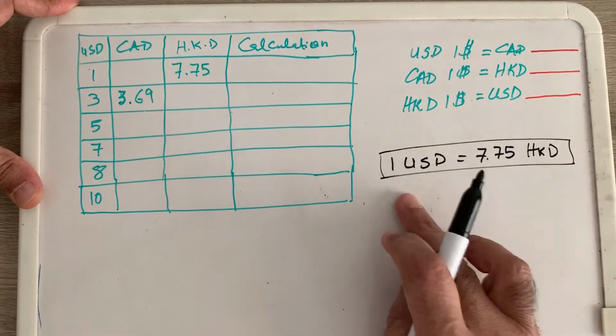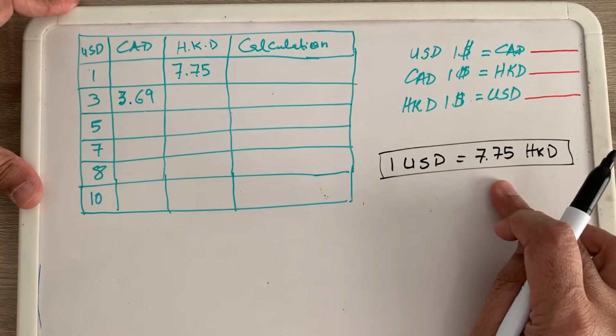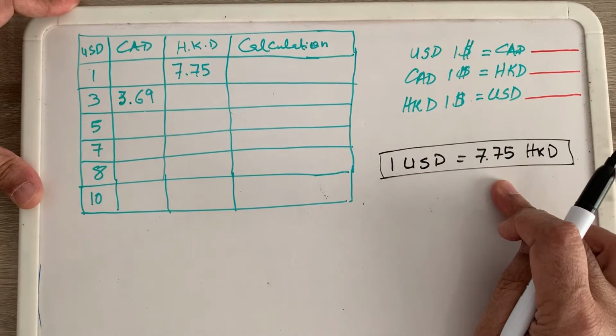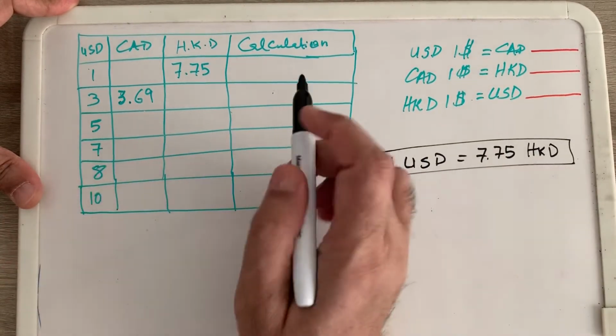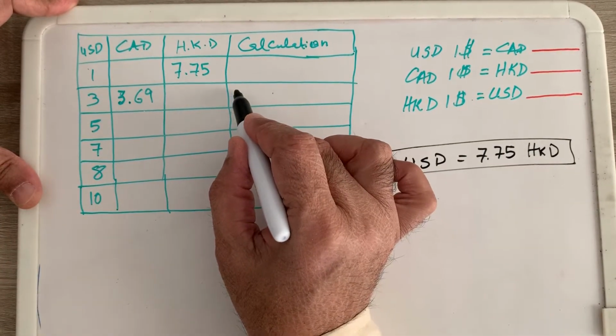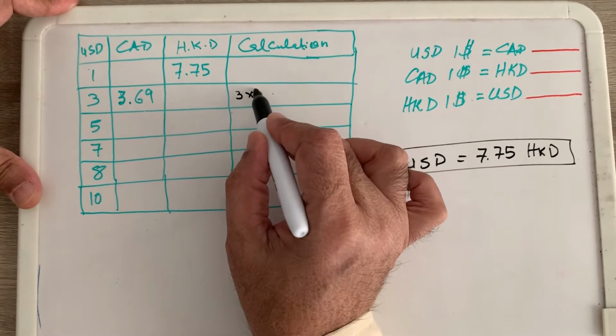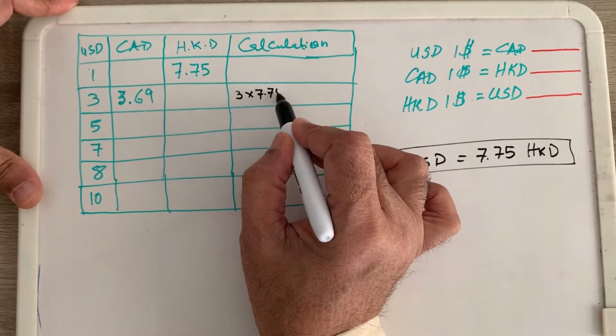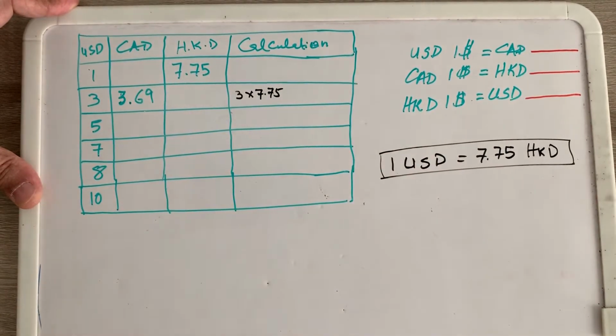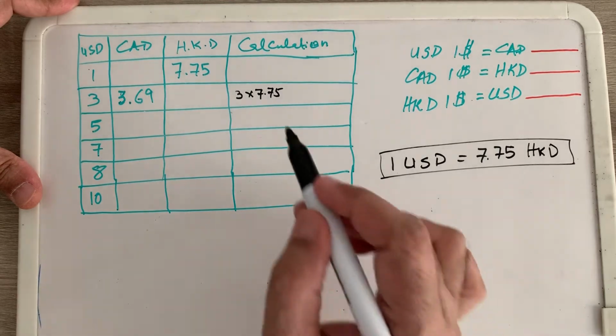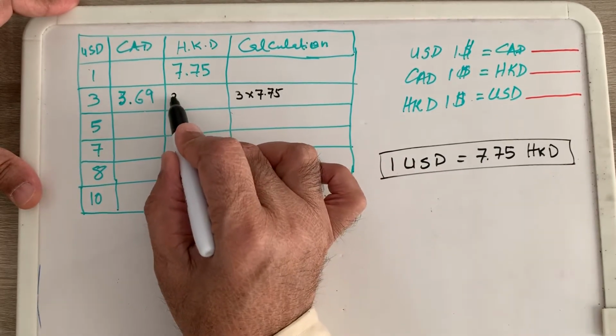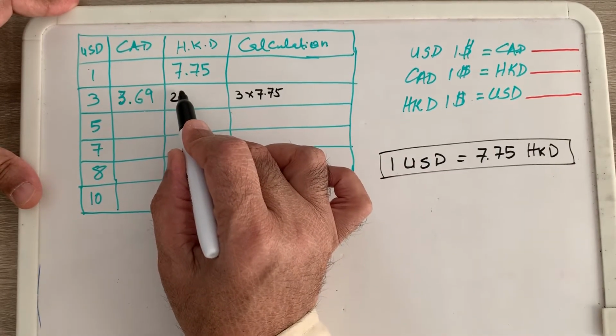1 USD is equal to 7.75 HKD. So how much will 3 USD be equal to? You will say, okay, 3 times 7.75, which equals 23.25. Whatever you get, you can do it by calculator.